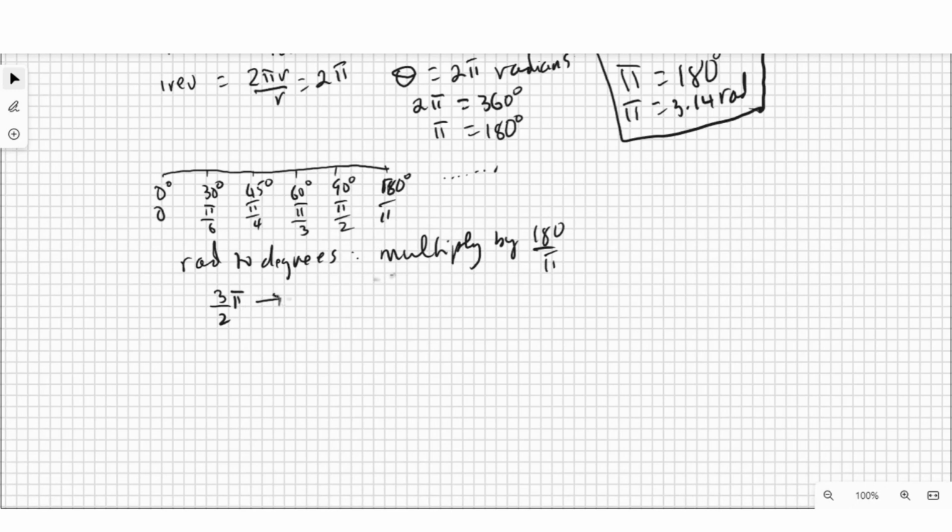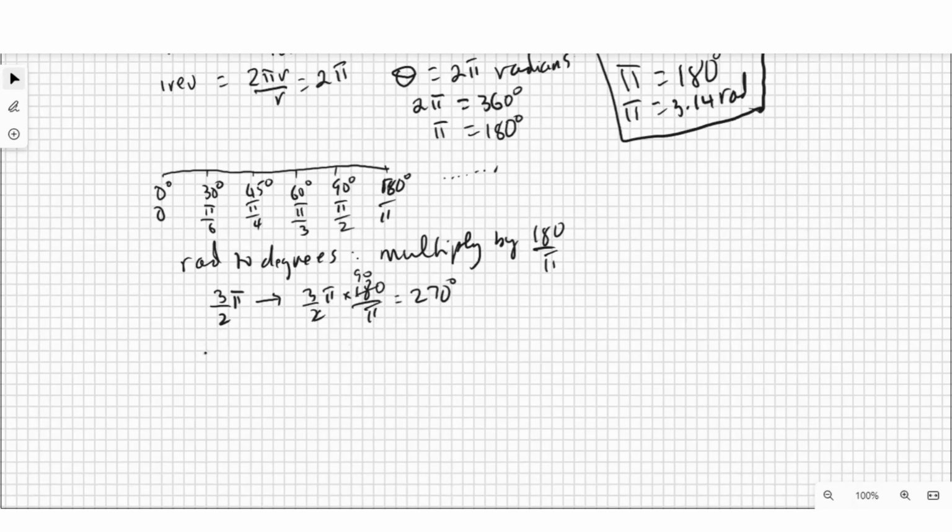Or I can say 3 over 2 pi times 180 over pi, where pi and pi cross out. Then we have 90 times 3, which is 270 degrees.